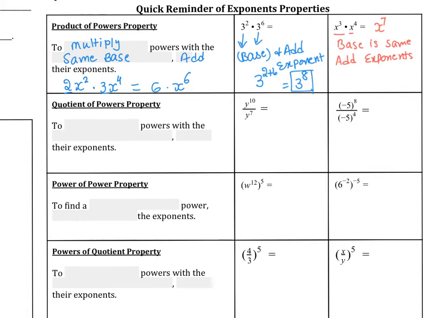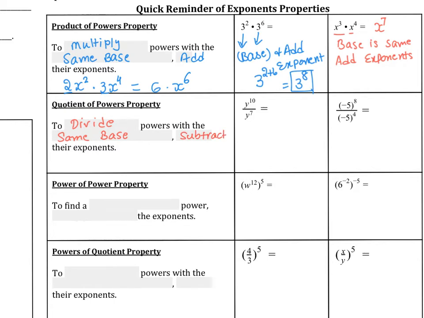Next property is called the quotient of powers property. So if you divide powers with the same base, you subtract their exponents.